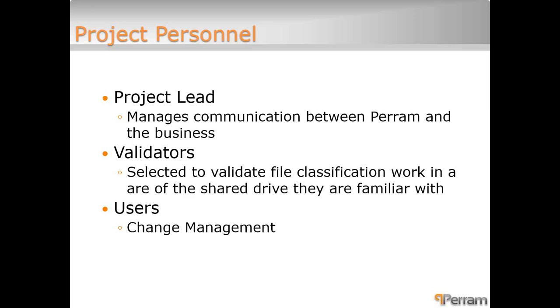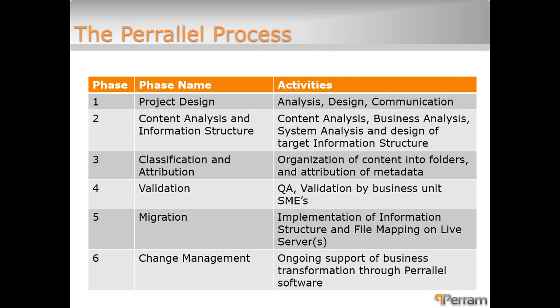Those validators are going to help us ensure that the information structure being put forth to the new system makes sense, and the file mapping and tagging makes sense as well. The remainder of the users within that business area are just impacted when we actually do change, and they begin using our change management tools.